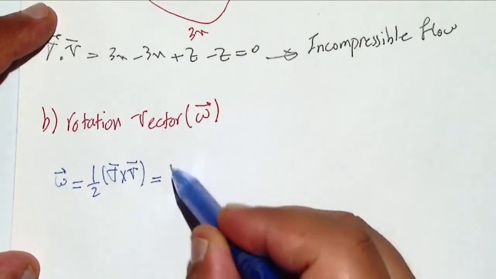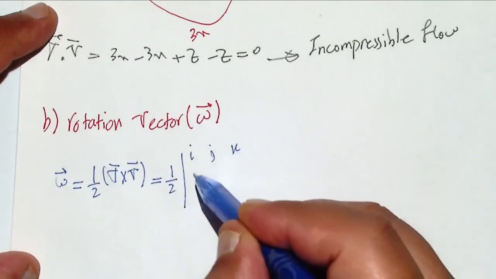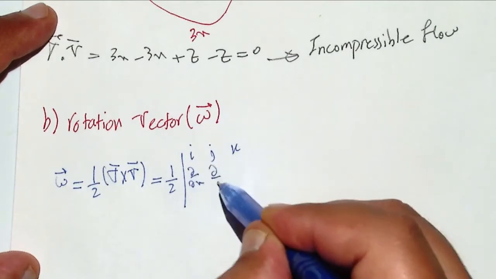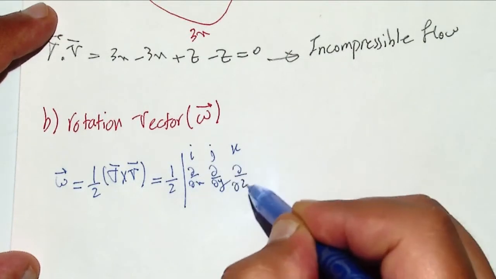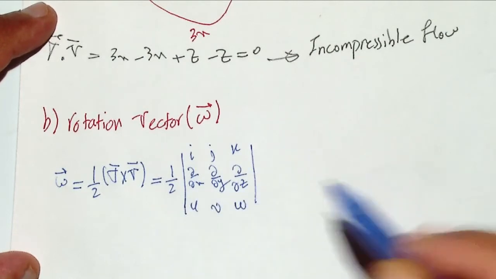The curl of velocity is equal to the determinant of i, j, k; partial derivatives with respect to x, y, z; and u, v, w.